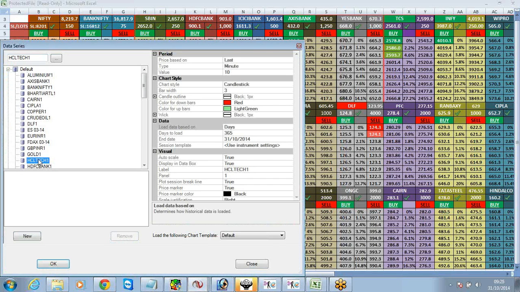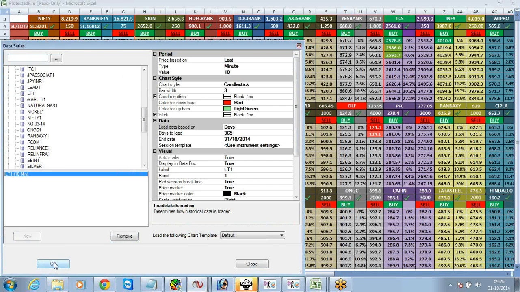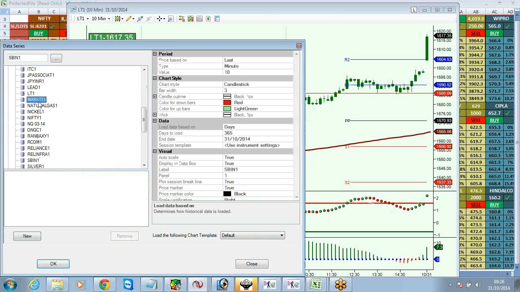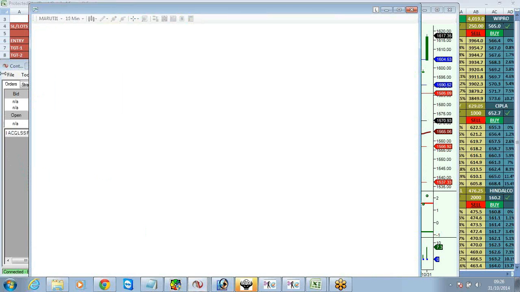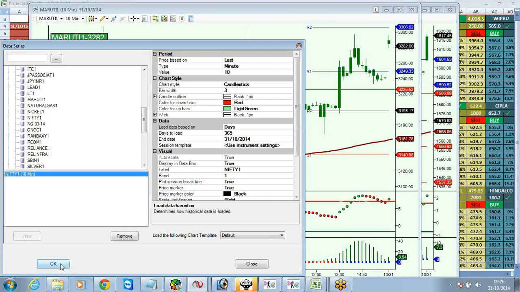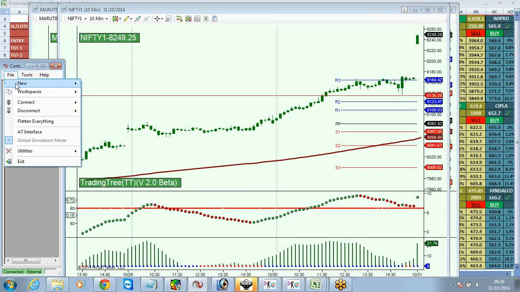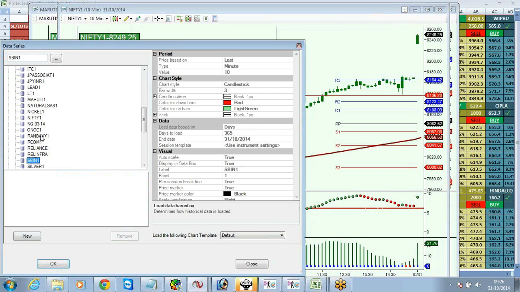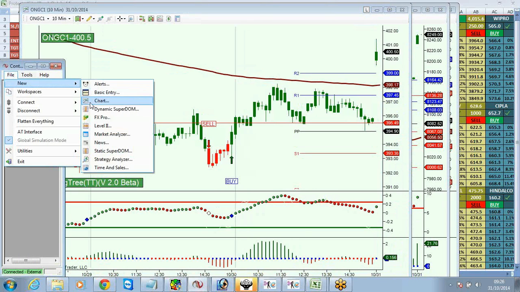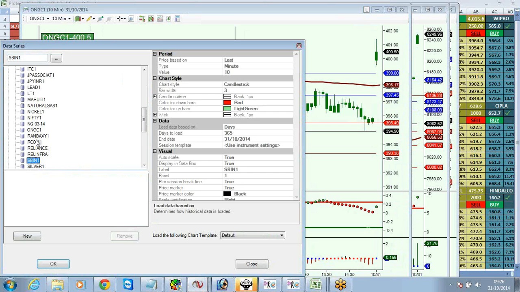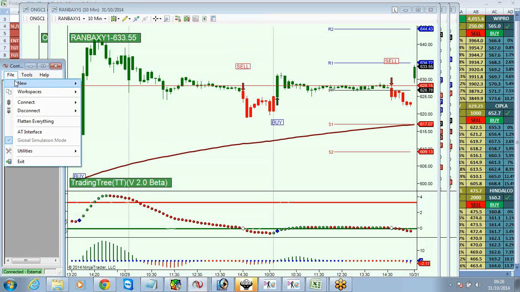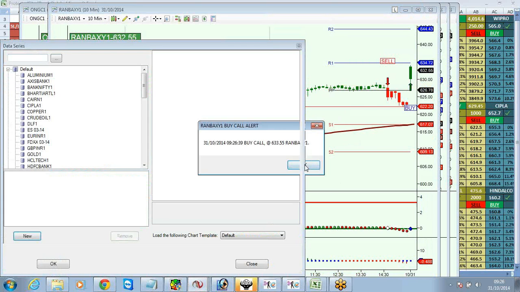NTPC we have a sell. There is a buy call in ring back C1.